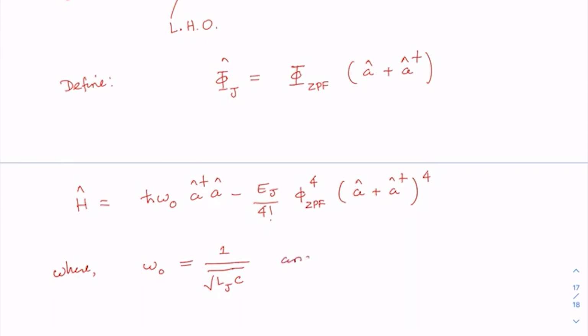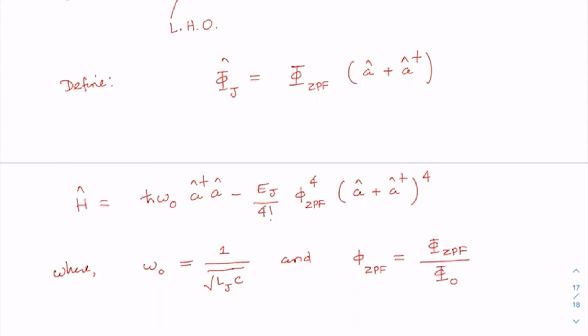And this term phi, without the dash sign, is the normalized zero-point fluctuation, and it is equal to phi ZPF divided by the flux quantum phi 0.